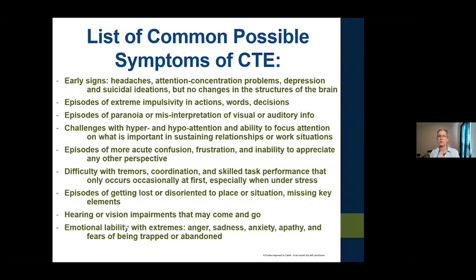Episodes of extreme impulsivity, episodes of paranoia or misinterpretation, changes in hyper or hypo attention, episodes of acute confusion, frustration, difficulty with tremors or coordination in skilled task performance. I just can't figure out the task. It's when I'm under stress, and then other times I'm perfectly fine doing things. Episodes of getting lost or disoriented or missing key elements of what I'm supposed to be looking for or doing. Hearing or vision impairment that comes and goes. It's like I can't figure things out and then I'm fine. And emotional lability. So those are the hallmarks.